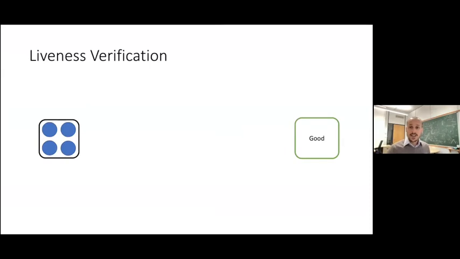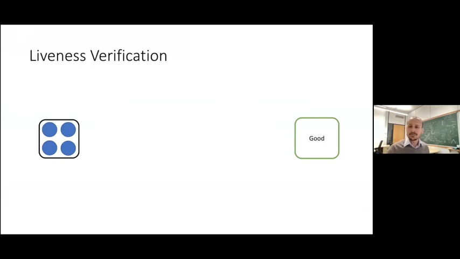How can we look at the liveness verification question more specifically? How can we think of it? Well, we think of a liveness verification question as the following. We have a system, and a system has an initial state, or more generally, a set of initial states, and a set of good states. Something describes what is desirable.